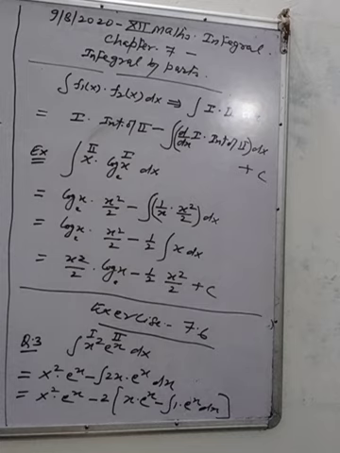For example, x log x. You know the integral of x, you don't know the integral of log x. So a function whose integral is possible, or which can be easily integrated, can be taken as second function.